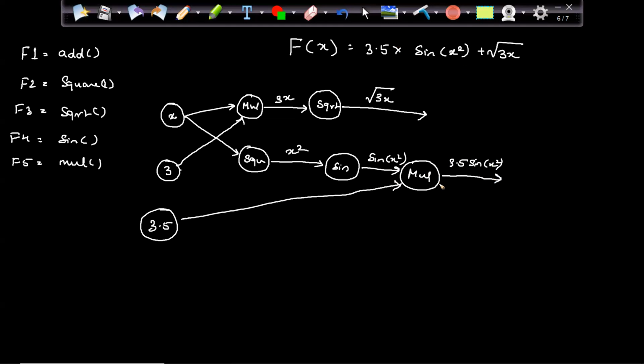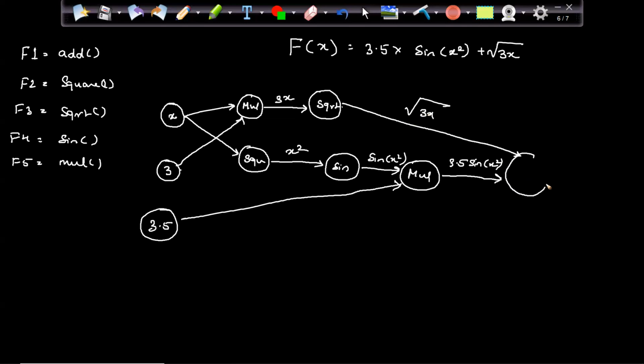And then I have to do addition, right? I'll remove this part first so that it will look better, and I'll drag it something like this, which is my square root of 3x.